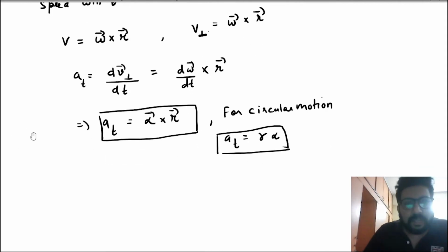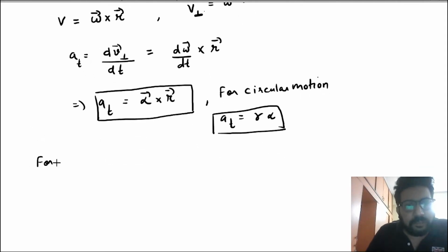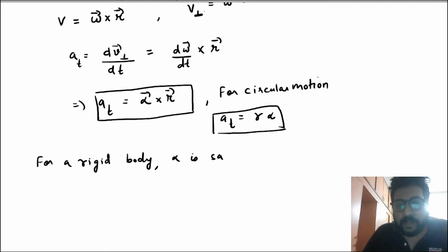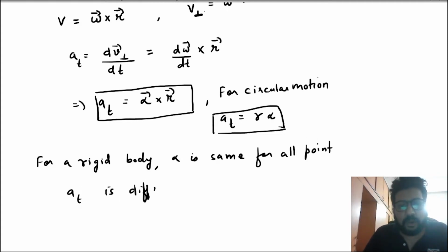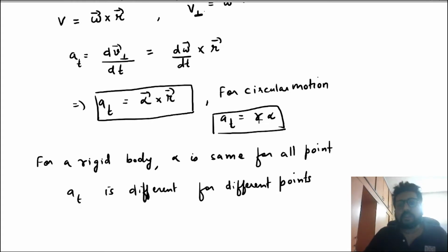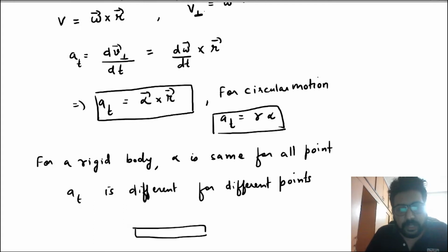So you can see that for a rigid body, alpha is the same for all points because angular variables are the same for all points. But the tangential acceleration is different for different points because r is different for different points. Suppose this is a fan which is rotating and accelerating.